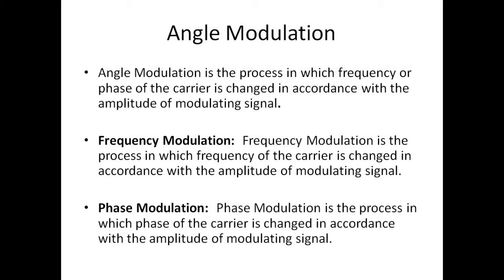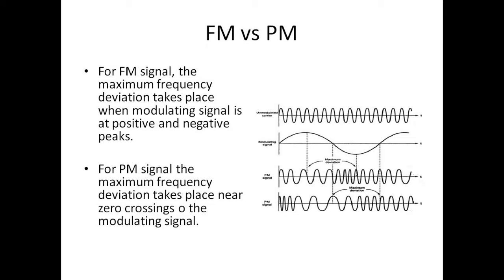What is frequency modulation? The frequency of the carrier signal is changed in accordance with the amplitude of the modulating signal. And in phase modulation, the phase of the carrier signal is changed in accordance with the amplitude of the modulating signal. Here, this is a carrier signal and this is a modulating signal.